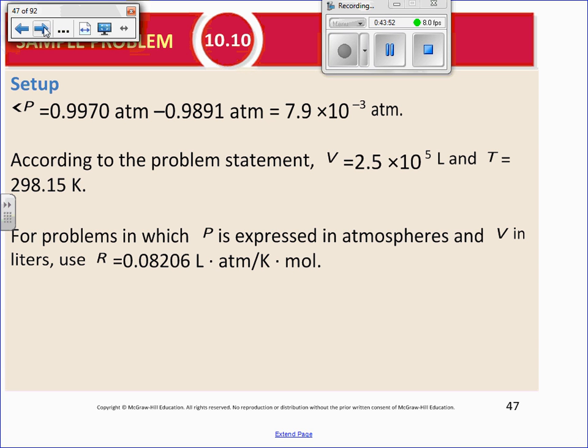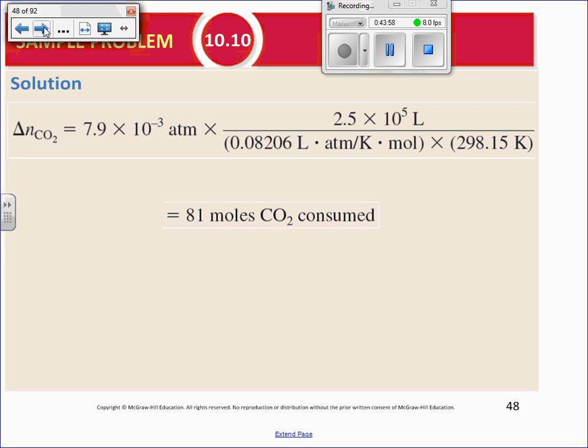The change in the moles of CO2, remember, the change in n is equal to the change in P times V over RT. So there is the volume for the submarine, RT, and it turns out 81 moles of CO2 were consumed.